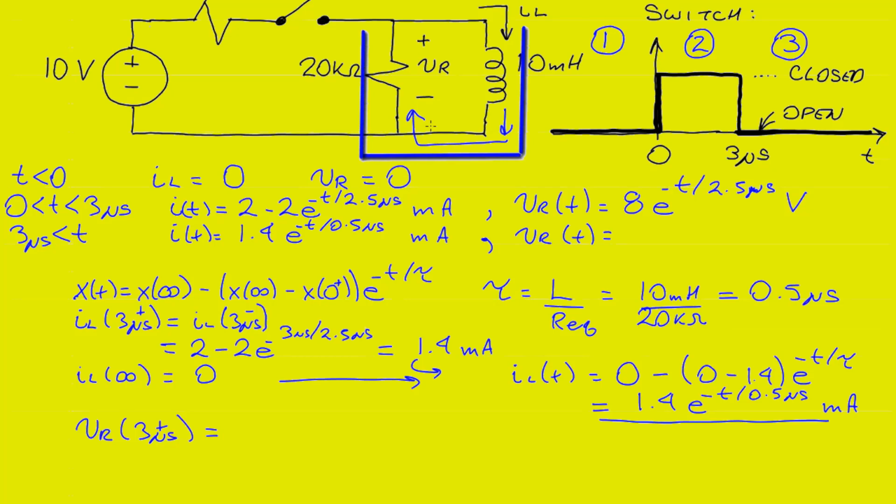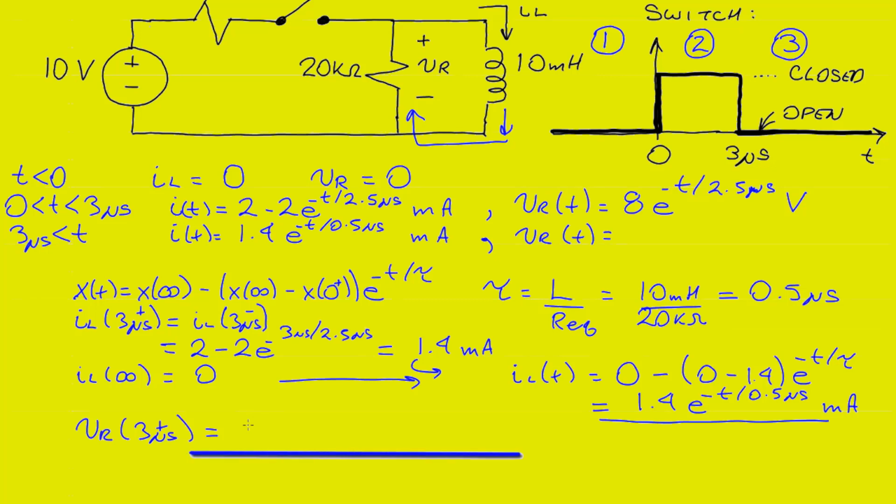We know from the above analysis for the current that the current was 1.4 milliamps right at this point in time, and that will be flowing through the resistor, so the voltage across the resistor now will be equal to the resistor, 20 kiloohms, times the current through it, 1.4 milliamps.